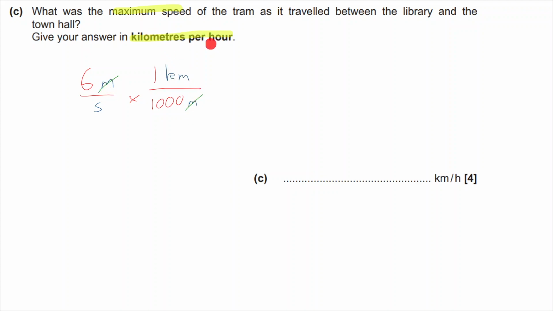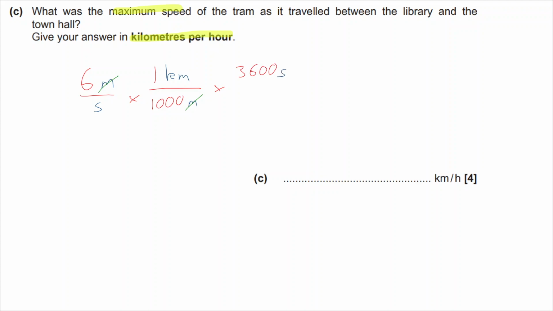You want hours, and you've currently got seconds. We know that in 1 minute there's 60 seconds. In 1 hour, there are actually 3,600 seconds.